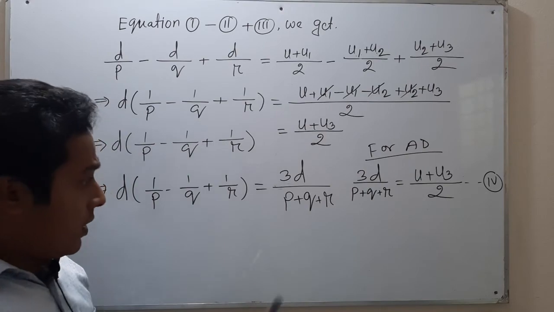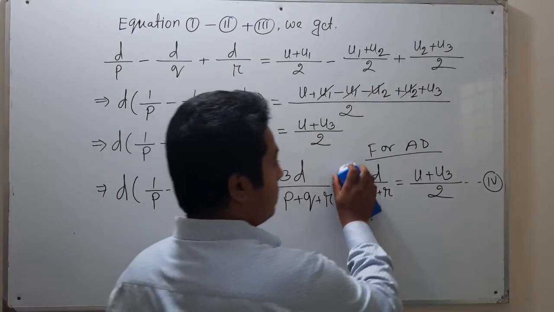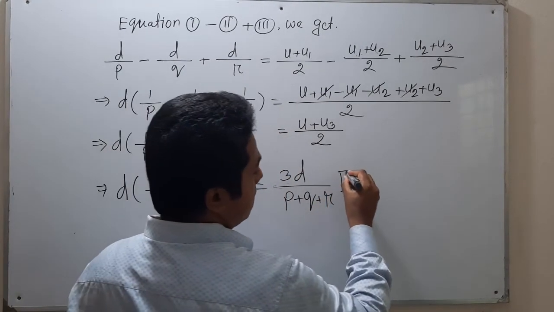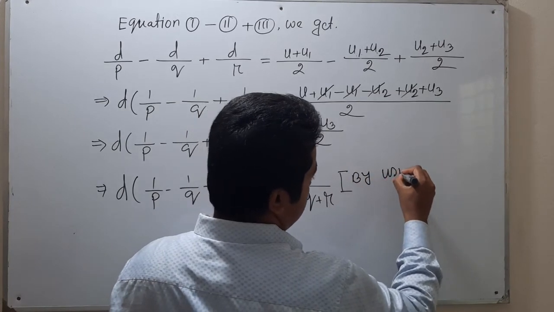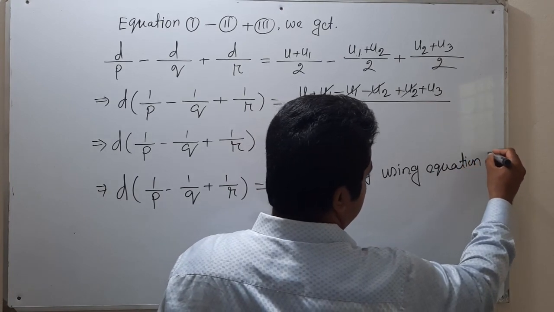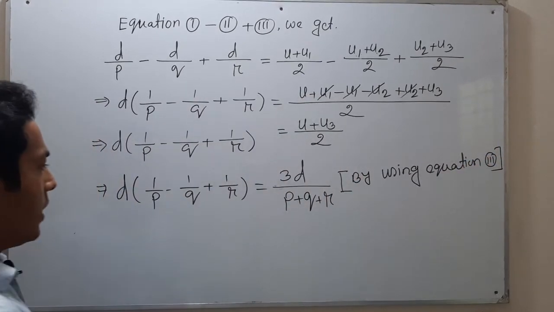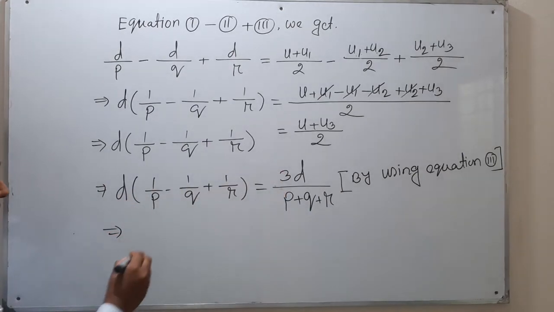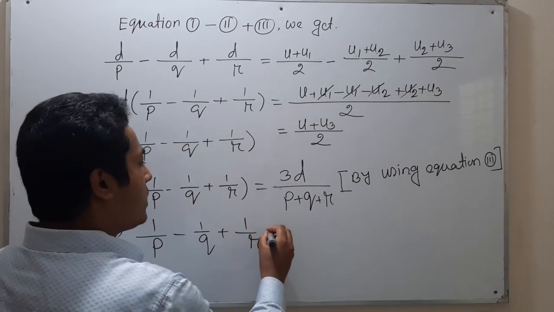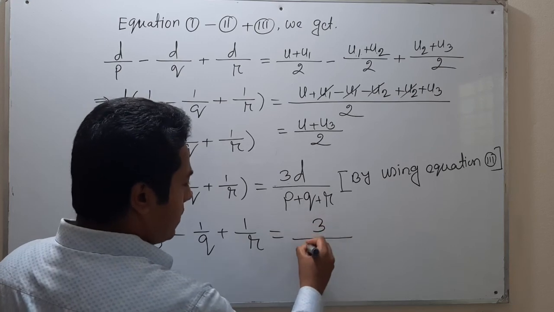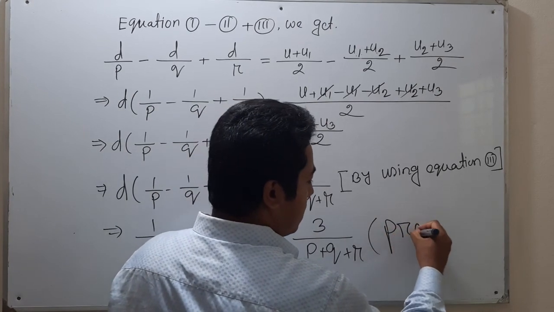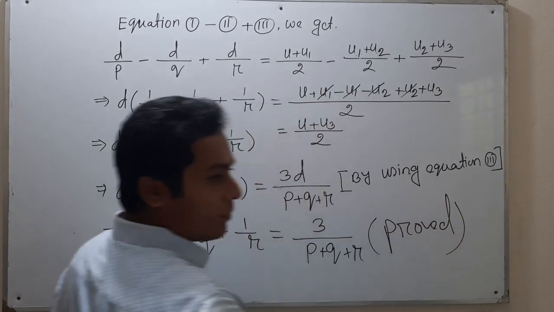Here, by using equation number 3, dividing both sides by d, we can write 1 by p minus 1 by q plus 1 by r is equal to 3 divided by p plus q plus r. This is our proof of question number C of this creative question.